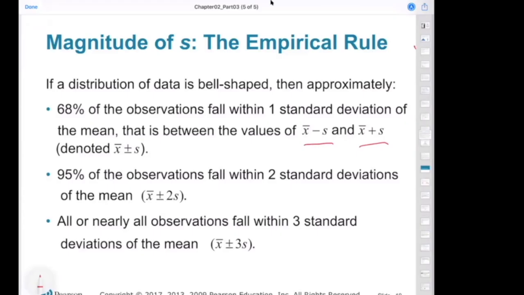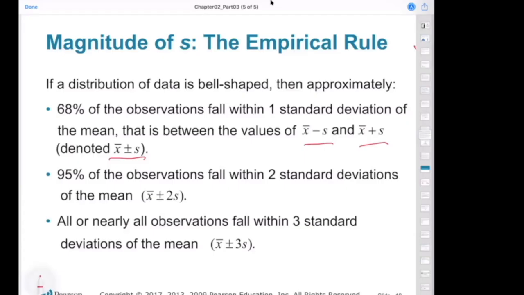So this is one standard deviation away from the mean, to the left or to the right. And sometimes we write it like this: x bar plus or minus s. So that means you have here one standard deviation away from the mean. It's an interval actually, and within this interval, you have 68% of the observations.